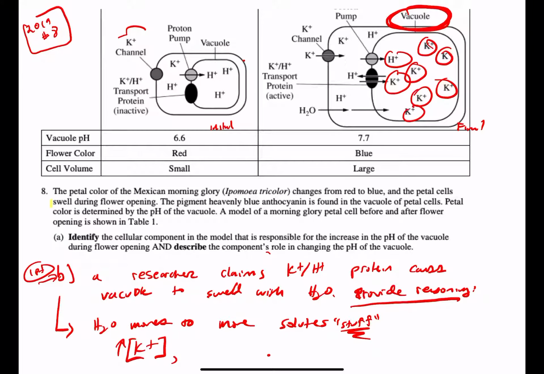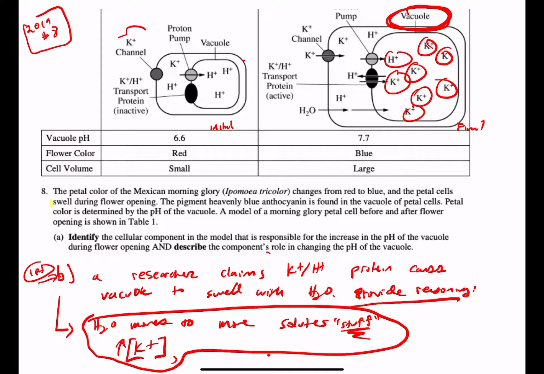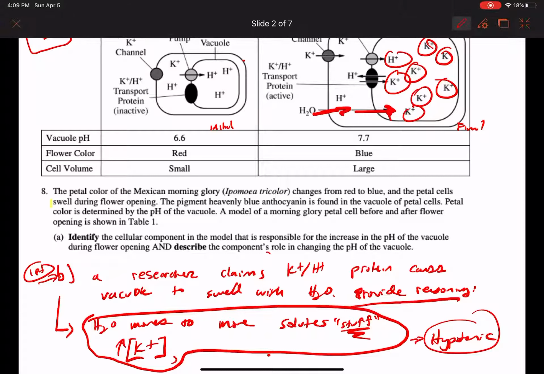As long as you stated that water goes to where there are more solutes, that would have got you your point. You could have even stated that as water rushes in, it makes the vacuole hypotonic, because water essentially, as it's even showing you here, rushes in. Water always goes to where there are more solutes. So that's how you would get max points on that one.